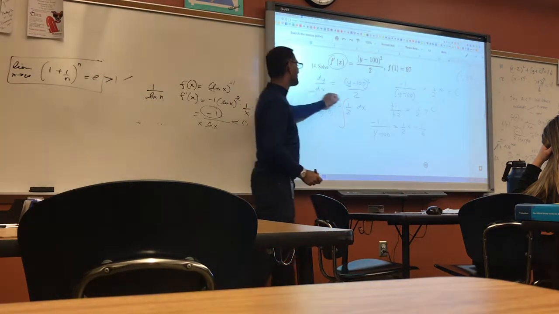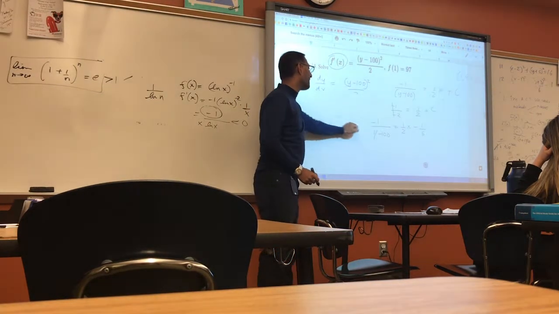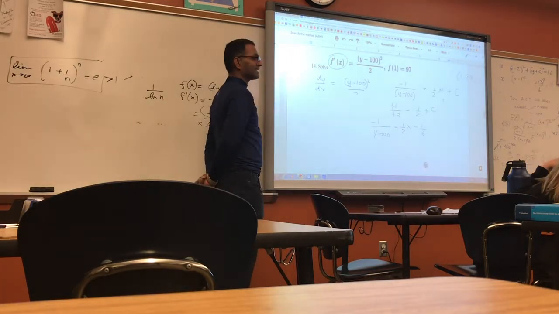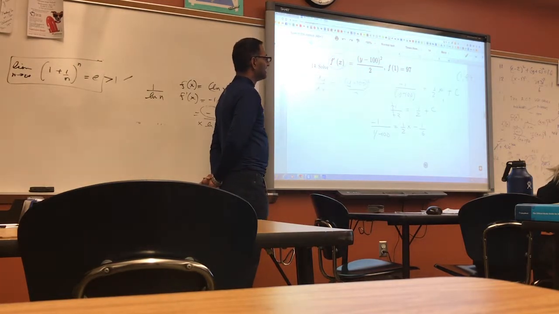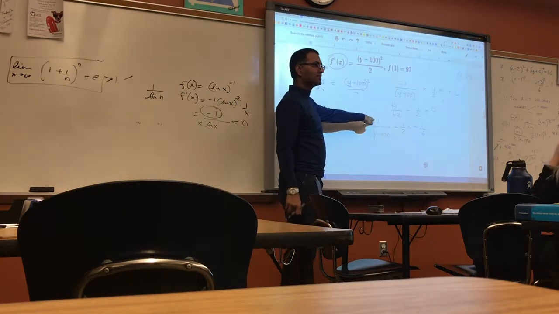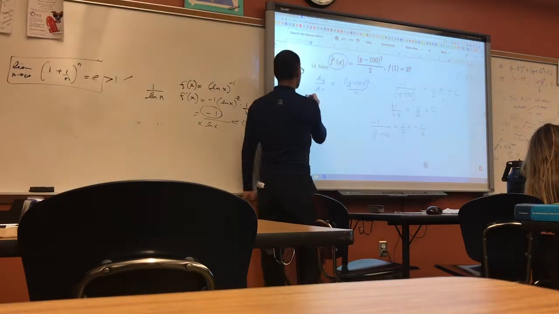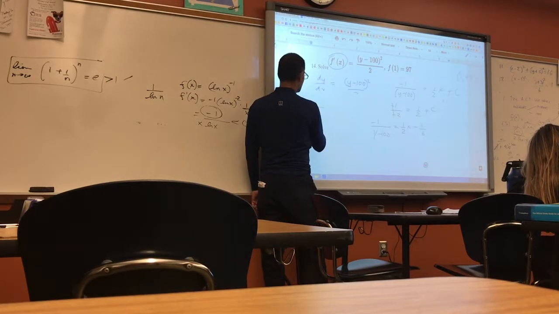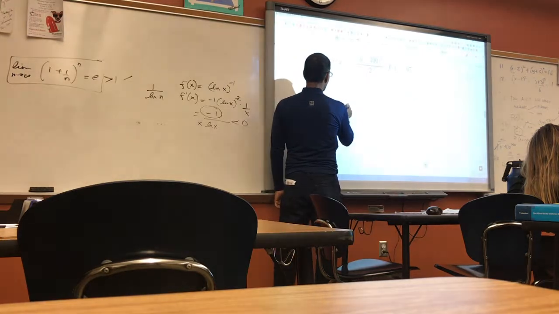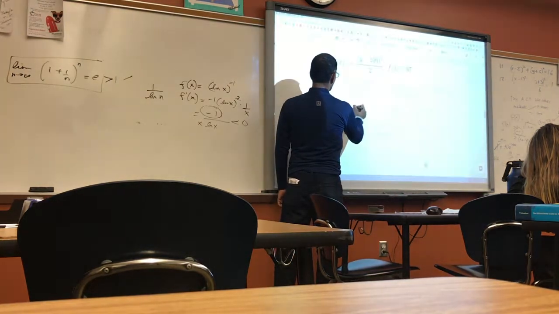Who can tell me what to do next? Hint, my goal is to solve for y. Reciprocals? Not yet. Look at the right hand side. That negative needs to vanish first. So 1 over (y minus 100) equals negative 1/2 x plus 1/6.